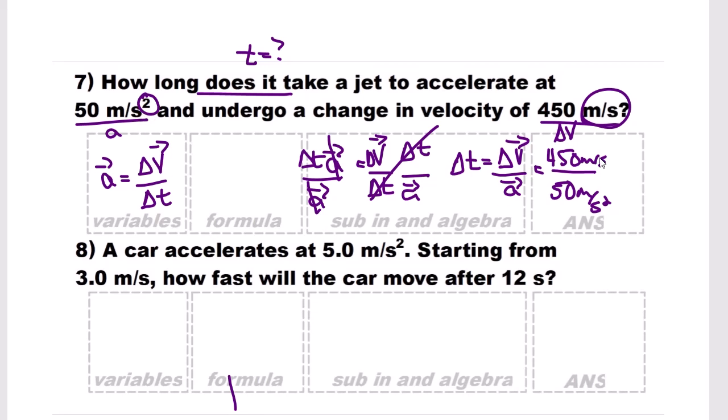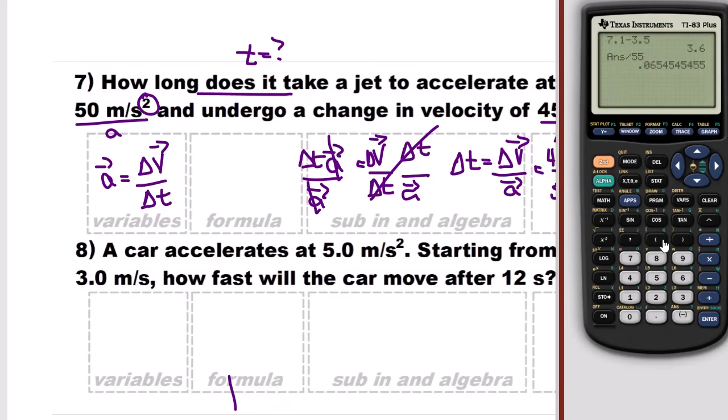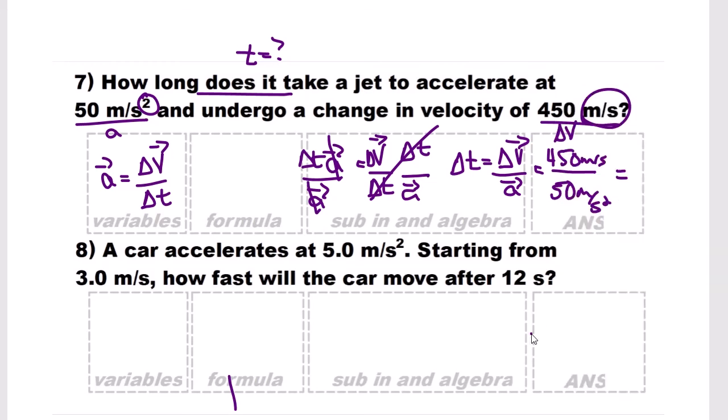That's one way that you can tell the difference. Now we can do our final solve here. So 450 divided by 50 gives me 9 seconds. And we do get 2 sig digs, so 9.0 seconds, because my calculator just showed me 9.